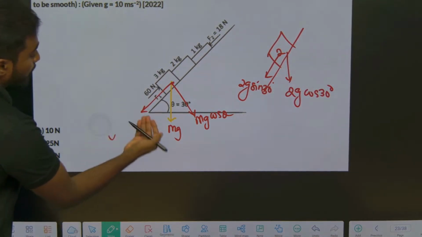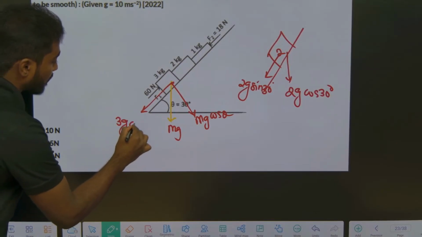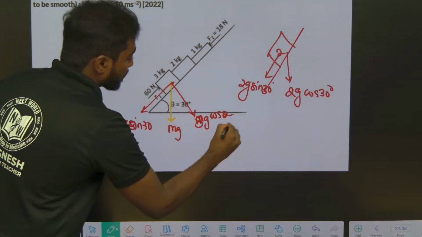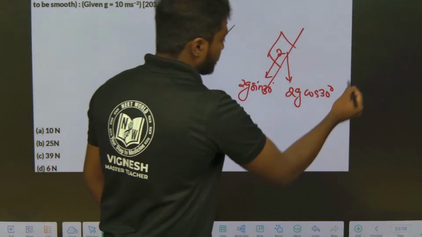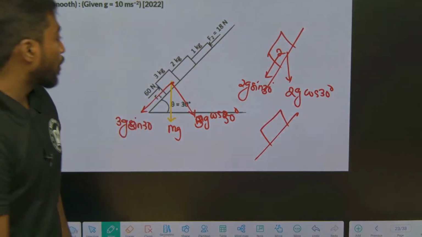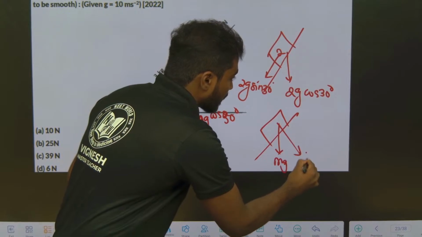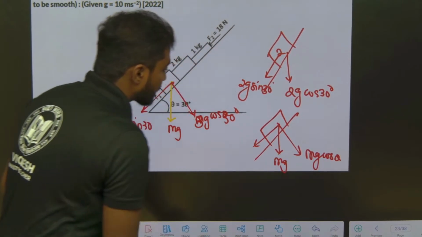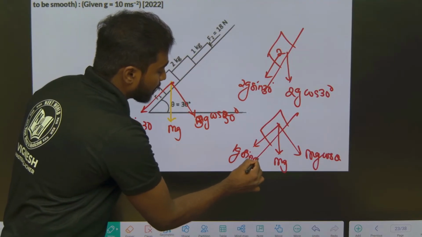Here it will be 3g cos 30 and 3g sin 30. So what about the 1 kg block here? The 1 kg block will be mg cos theta, and this is my mg sin theta, that is 1g sin theta.